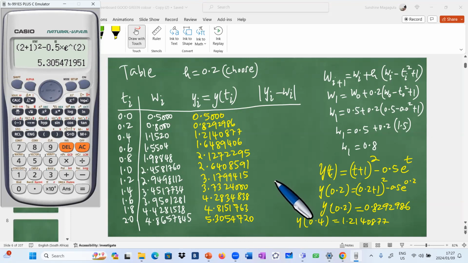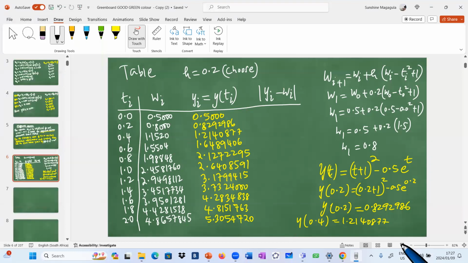But with that said, we can get the actual difference just to see how Euler's method performs in relation to what is accurate, because this is what Euler suggested. This estimate is not going to be far. For example, 0.5 is the same. Here it's 0.8, then it's 0.82. You can see that the real one is a bit higher, etc. So we're interested in just finding the difference. Okay, let's just find the difference.